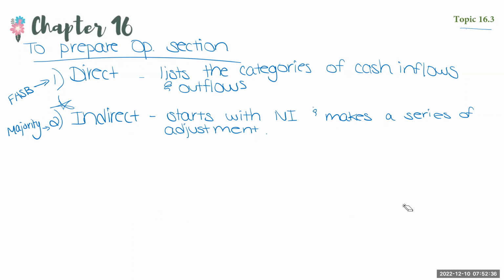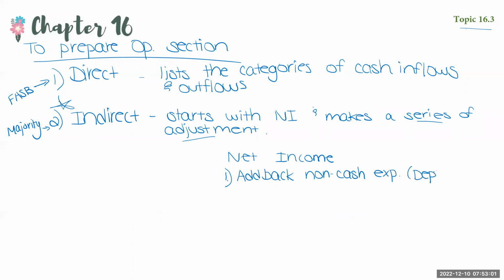All right, so we said there's a series of adjustments. There's actually three. Your starting point is, of course, net income. Then there are three adjustments. The first is to add back non-cash expenses. The most common non-cash expense you're going to have in this class will be depreciation expense.